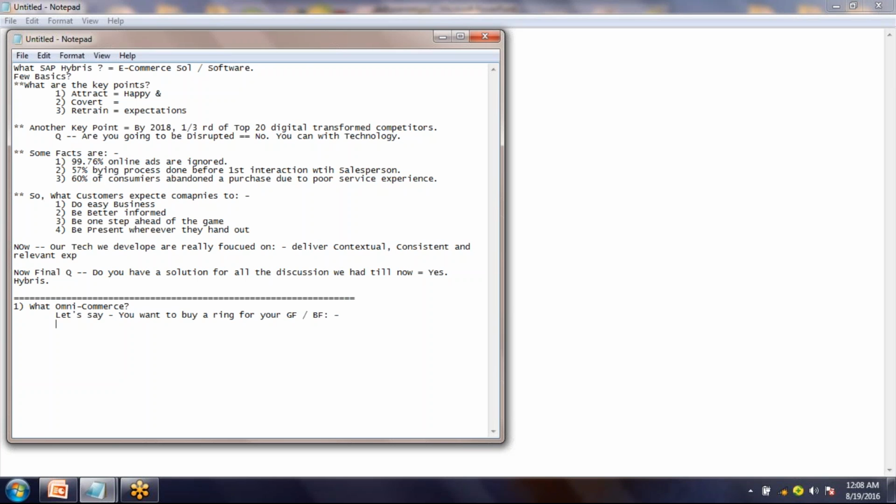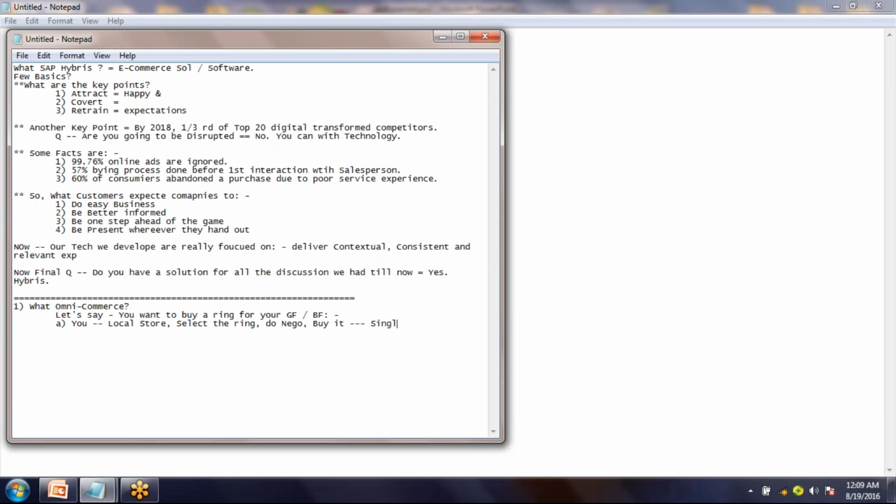Then what are the options? The first option is you go to a local store, then select the ring. Try to understand this omni-commerce. You go to the local store, select a ring from hundreds of rings, whatever it may be, then do negotiations, then buy it.